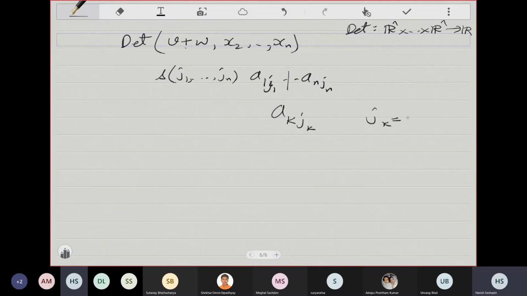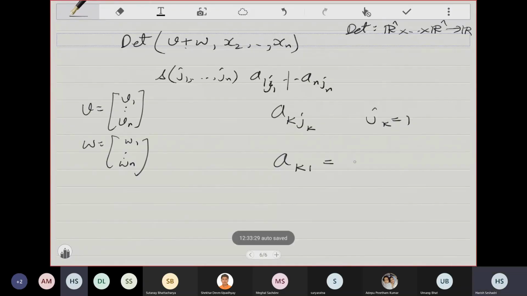With jk equal to 1, you look at that column. But a_{k1} would be just V, so V would be V1, ..., Vn, and W would be W1, ..., Wn.